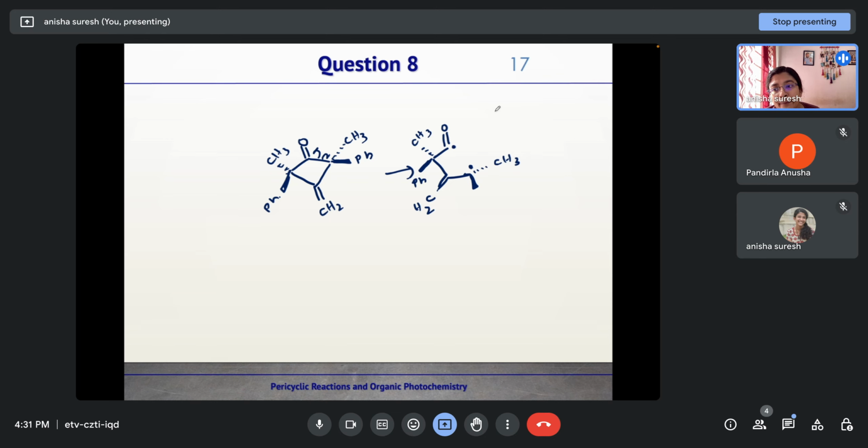Now what will happen? This oxygen ring expansion will be taking place. This oxygen will insert with this radical. So this will lead to formation of radical here.